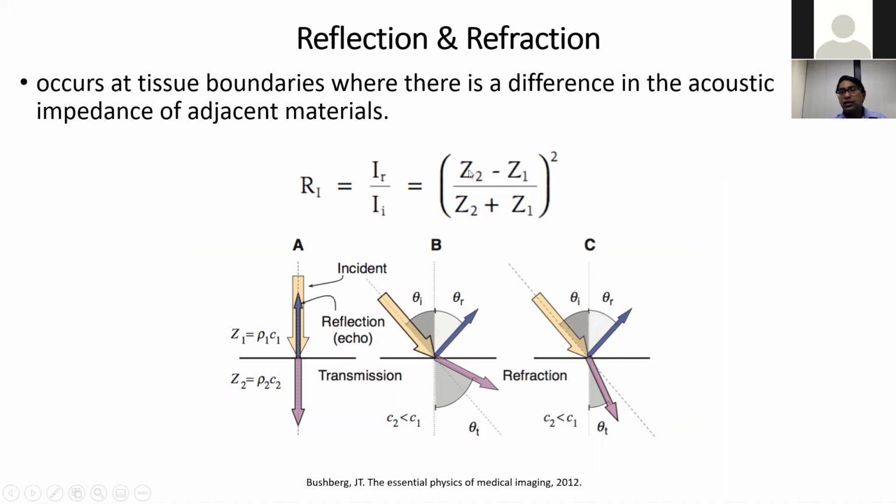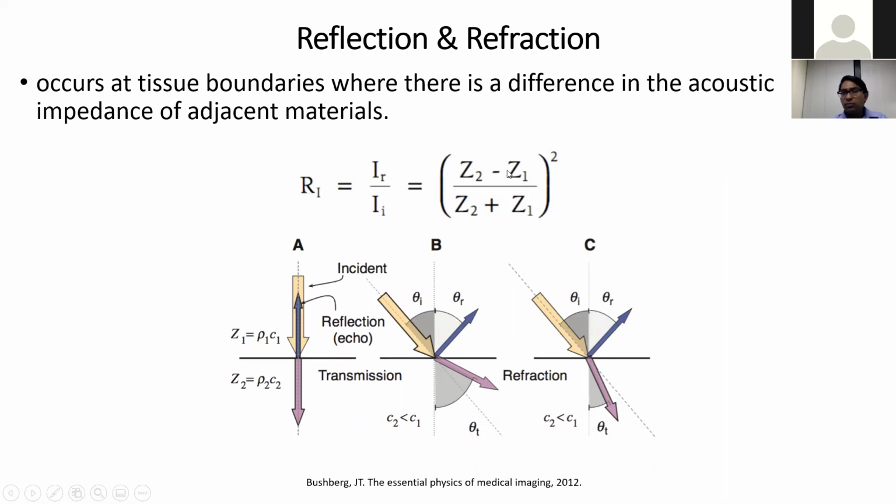The numerator is Z2 minus Z1, where Z1 is the acoustic impedance of medium 1, and Z2 is the acoustic impedance of medium 2. If Z2 equals Z1, there will be no reflection. All the acoustic energy will transmit through, and we would get no echoes back to the transducer, so we won't be able to form an image.